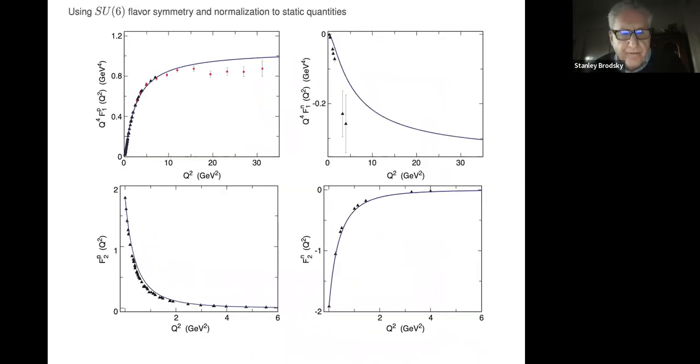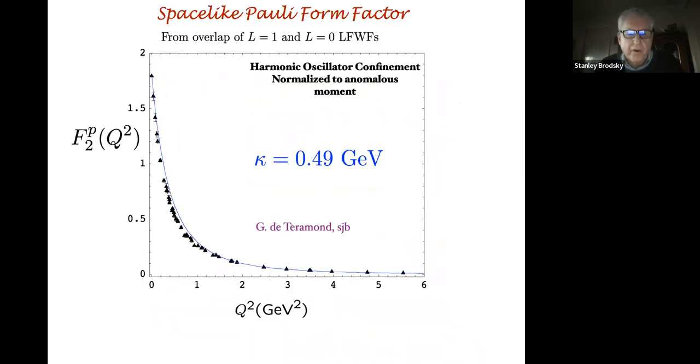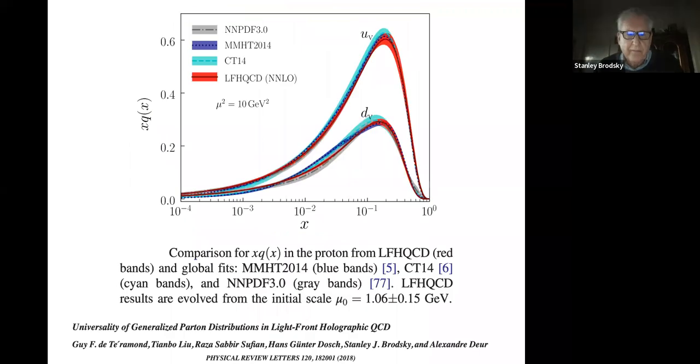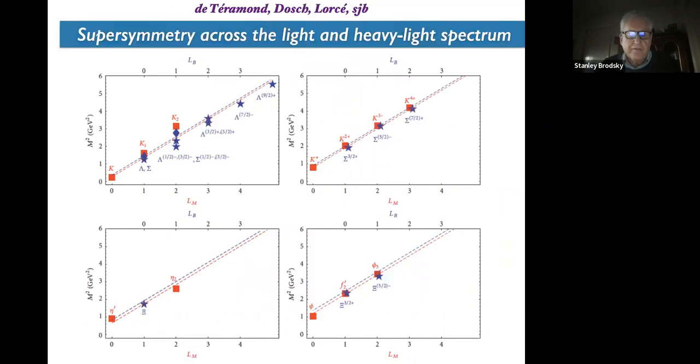When you compute the proton form factors, basically it goes through all the data. The only points are shown right here for the Dirac form factor of the neutron. Here's the proton Pauli form factor. With no adjustable parameters, it basically goes through the data and gives you the 1/q to the sixth behavior. You also get the up quark and down quark distributions correctly, and so on, from this formalism.